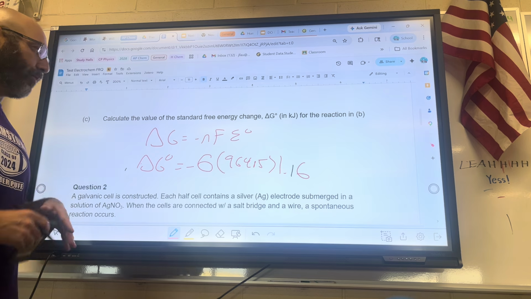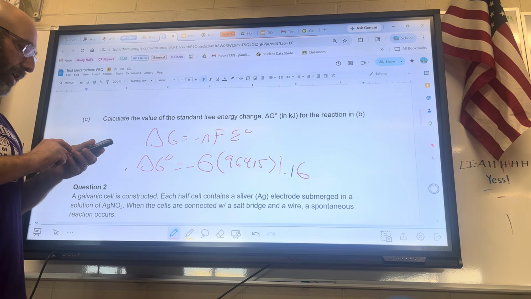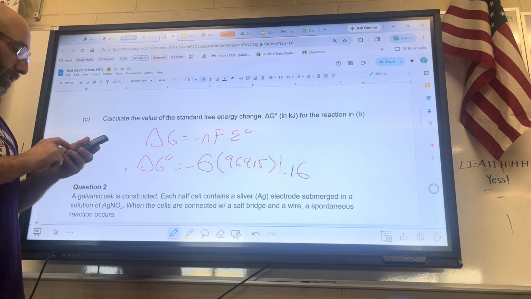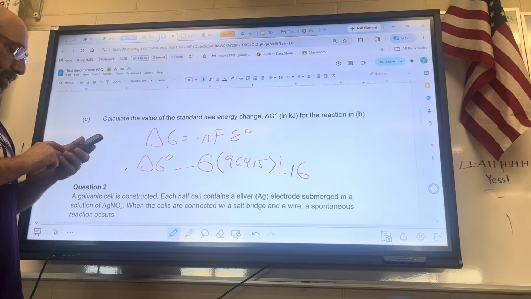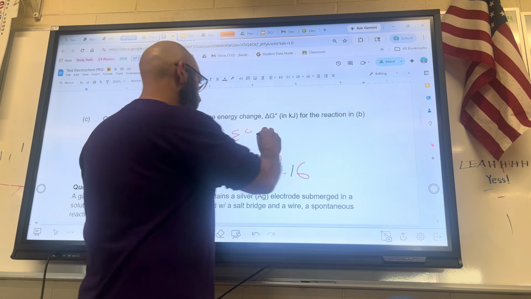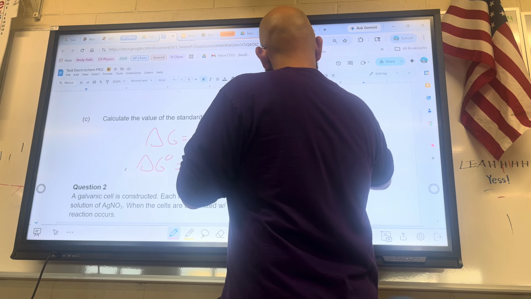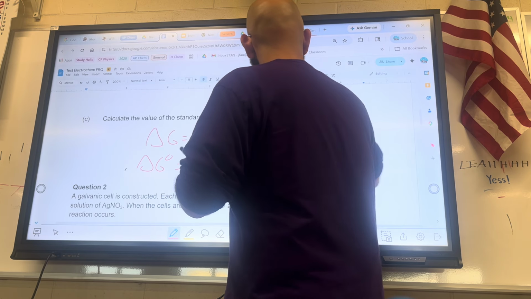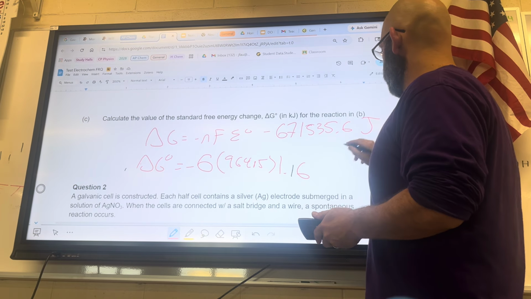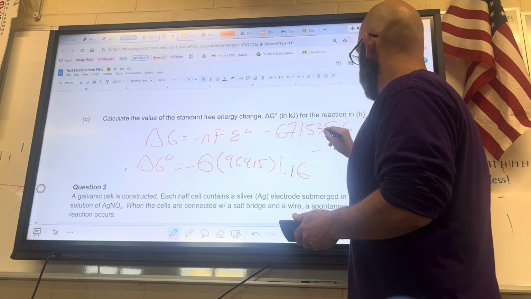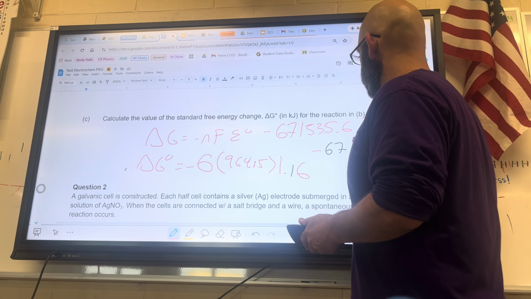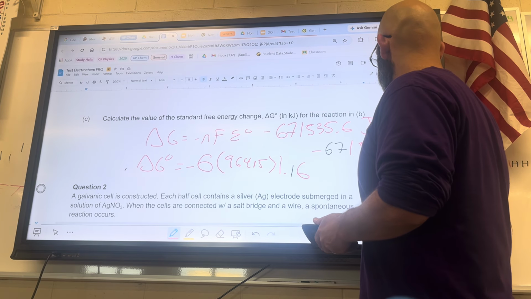If not, I'm not going to take any points off, but just multiply all of them together. So this would technically be joules, negative 671.5.